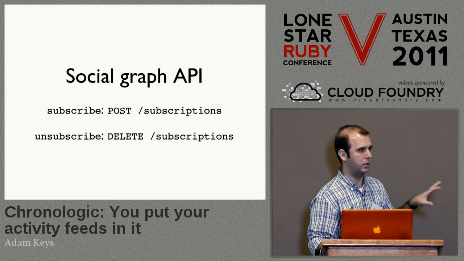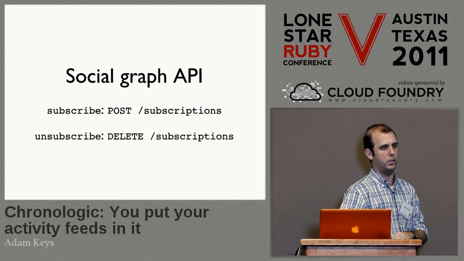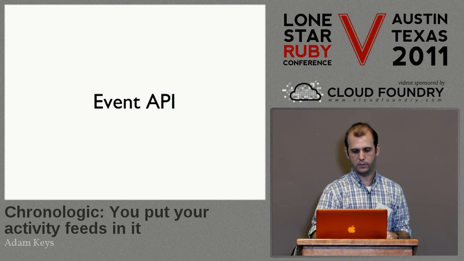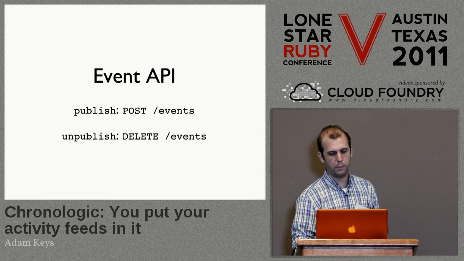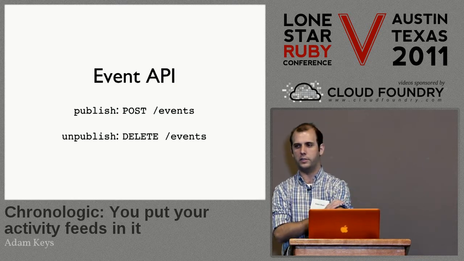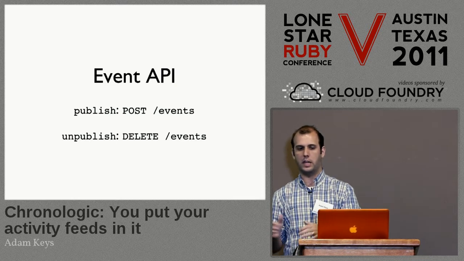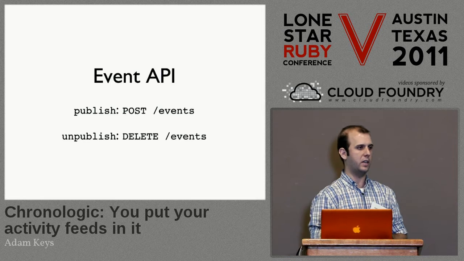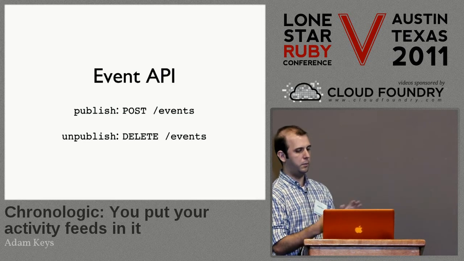There's a connection class in Chronologic that wraps all of this. The event API, you post events, that creates a new event, fans it out to all of the subscribers for that timeline. If you make a bad post, then you can unpublish an event.